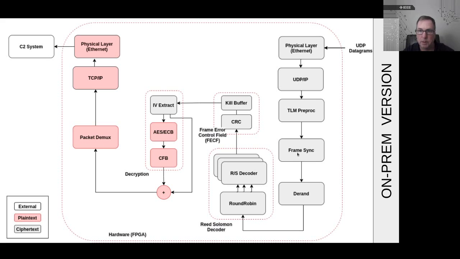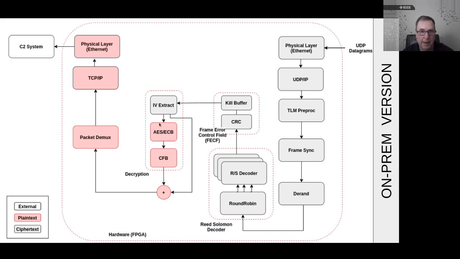Then frame synchronization is performed, followed by de-randomization, and then it goes to a parallel Reed-Solomon decoder. Then a CRC module, which is used for data integrity validation. The data then reaches the decryption unit, which is implemented in stages. The first stage extracts the plain text portion of the frame and uses it to build the initialization vector that's required for CFB mode.